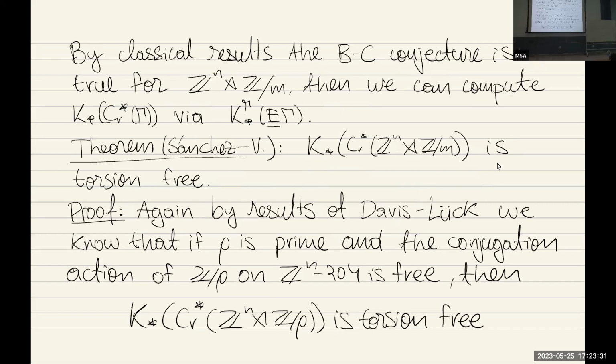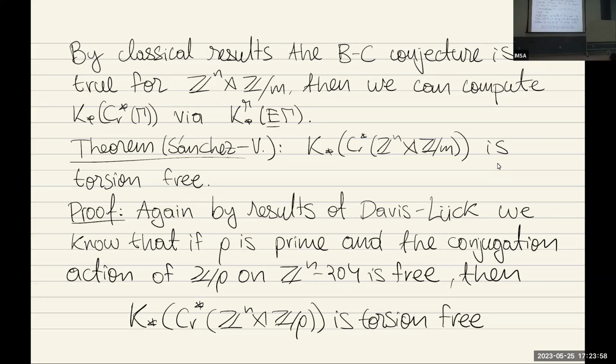So, by classical results, the Baum-Connes conjecture is true for these groups. It is because the classifying space for proper actions is a Hilbert space and the action is isometric. The classical result of Higson and Kasparov proves that for spaces with this property, the Baum-Connes conjecture is true. Then we can compute the K theory of the C star algebra via gamma-equivariant homology.